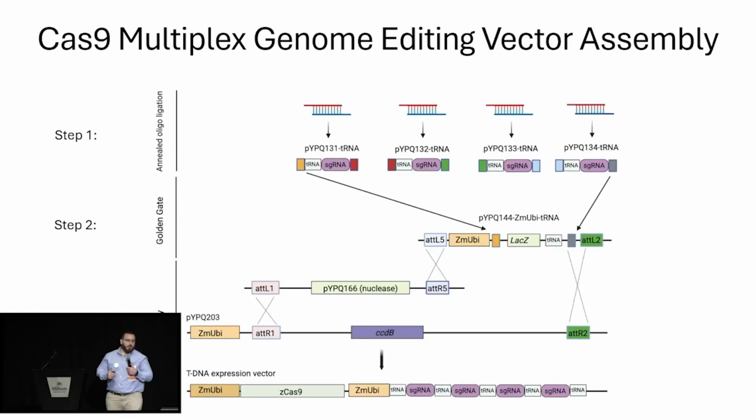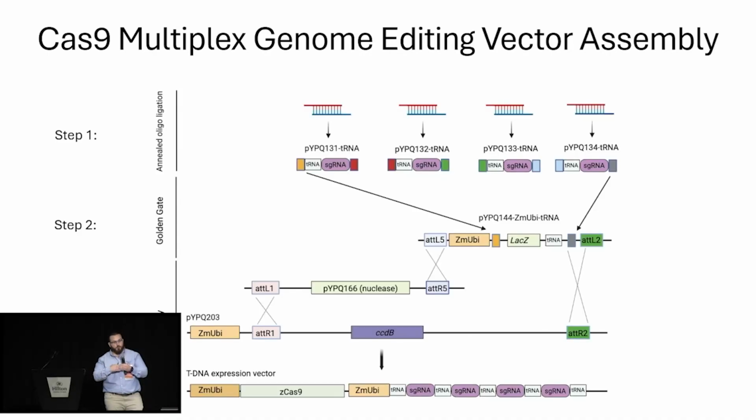Just to give a broad overview of our strategy, it involves three main steps. The first step would be, after you design your guide RNAs, you would insert those into what we call guide RNA entry vectors. We don't use the typical level 0, level 1 grammar for our system. We just refer to the vectors more intuitively as guide RNA entry clones.